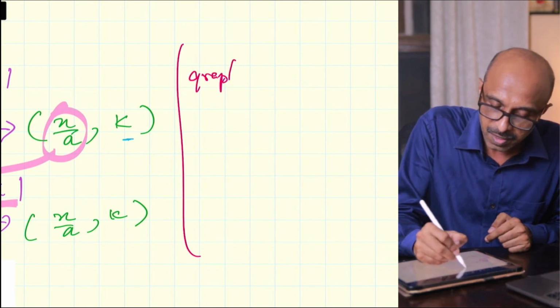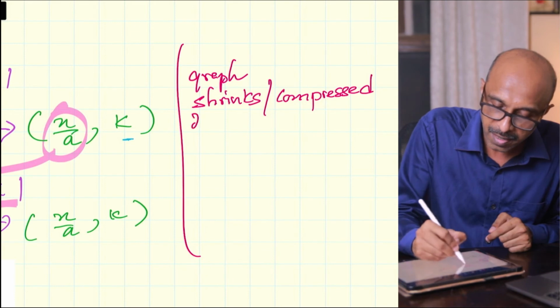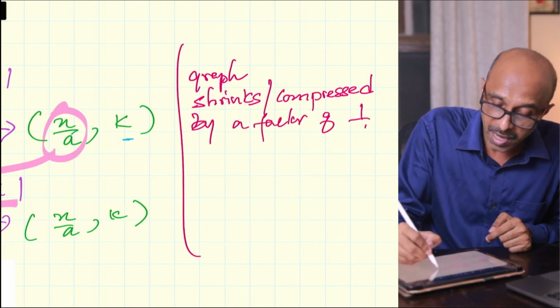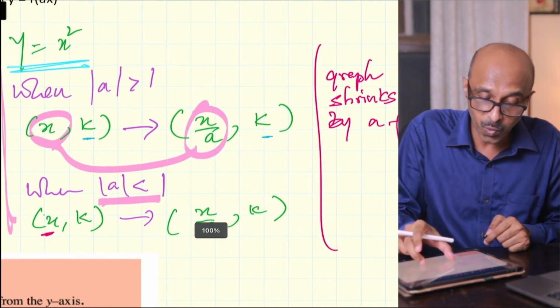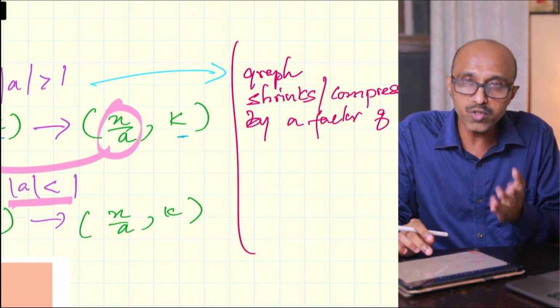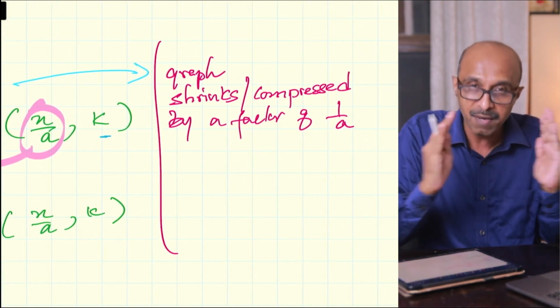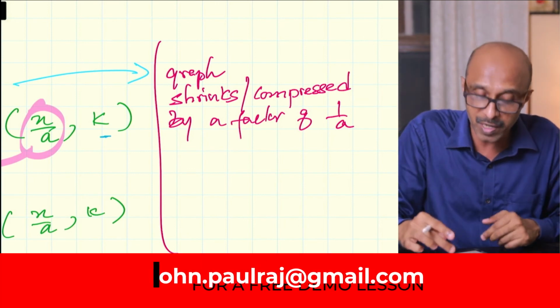Graph shrinks or is compressed by a factor of 1/a, a is greater than 1. When a is greater than 1, as we saw, when a was 2 or 3, the graph shrunk or was compressed by half or 1/3, depending upon the value of a.